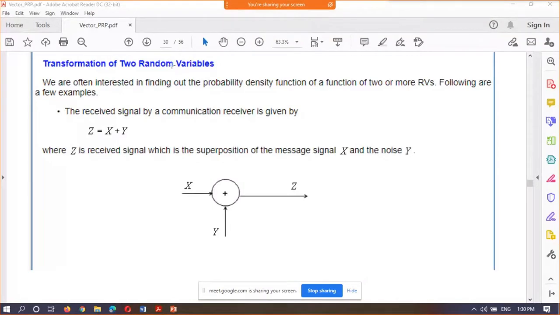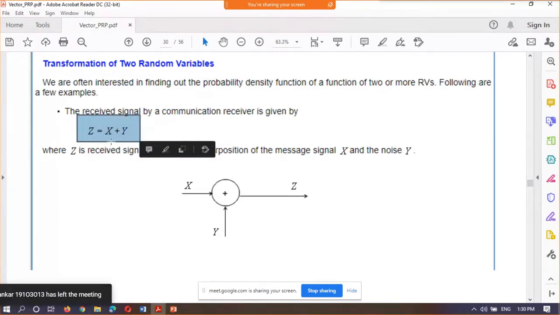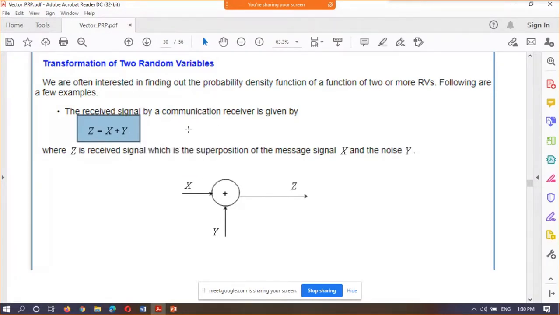Then transformation of two random variables: if we have one random variable x and another random variable y, and we want to know the new random variable z and how we calculate its mean, variance, or its distribution function, density function, or mass function. So from two random variables we are creating another random variable z.